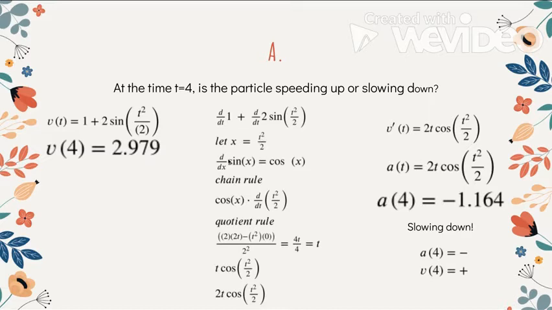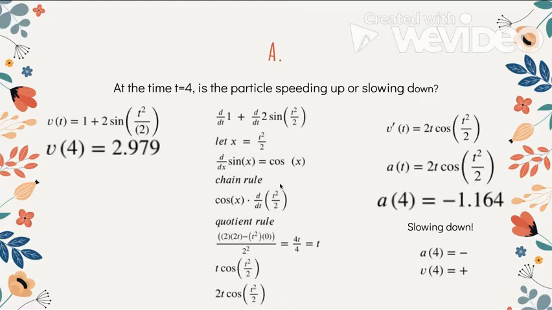So you're finding the derivative of sine of x, which is cosine of x, and this just makes it easier on yourself. So at this point, you're looking for 2 times cosine x, and then you're going to want to do the chain rule. So you're doing cosine of x times the derivative of t squared over 2.